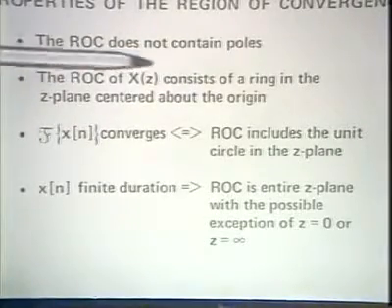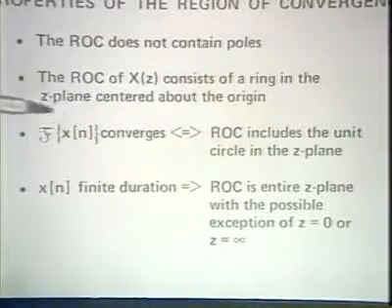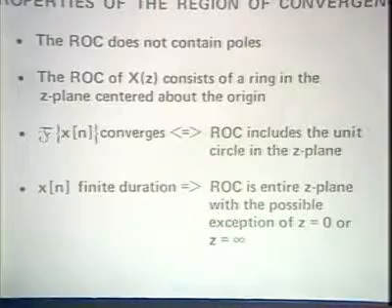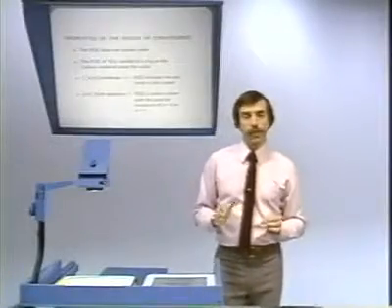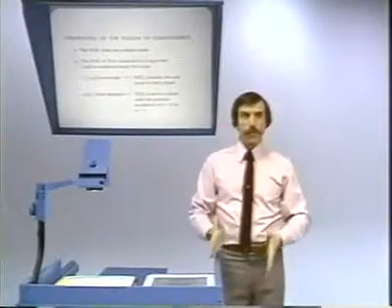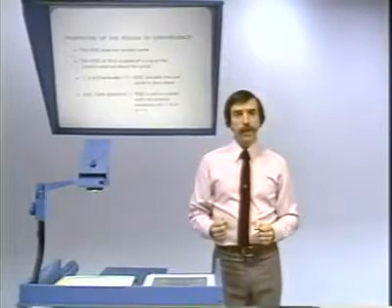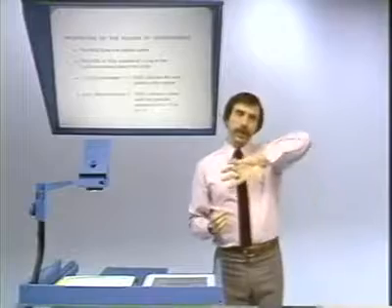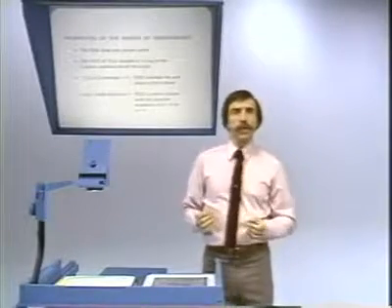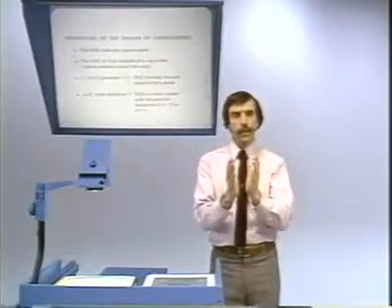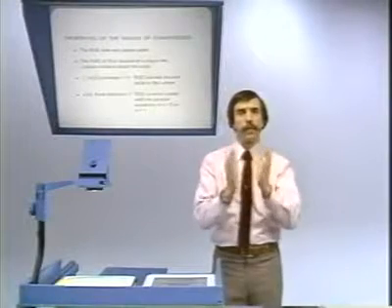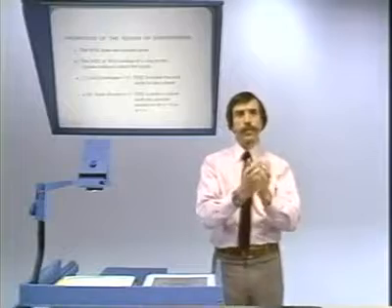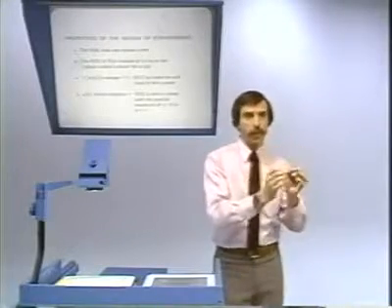Furthermore, the region of convergence consists of a ring in the z-plane centered about the origin. Recall that with the Laplace transform, the region of convergence consisted of strips in the s-plane. With the z-transform, the region of convergence consists of a ring, basically because the region of convergence is dependent on the magnitude of z, whereas with the Laplace transform, it was dependent on the real part of s.